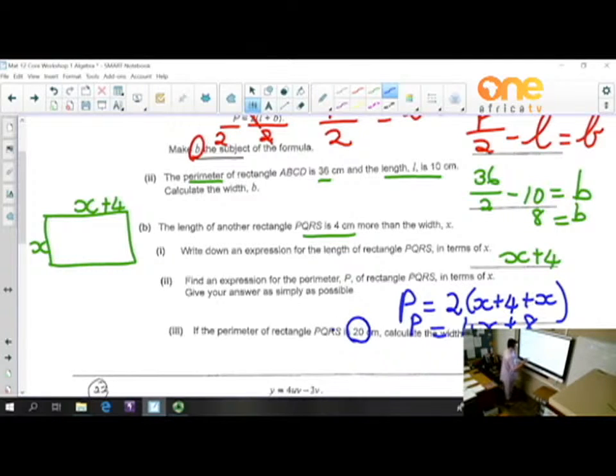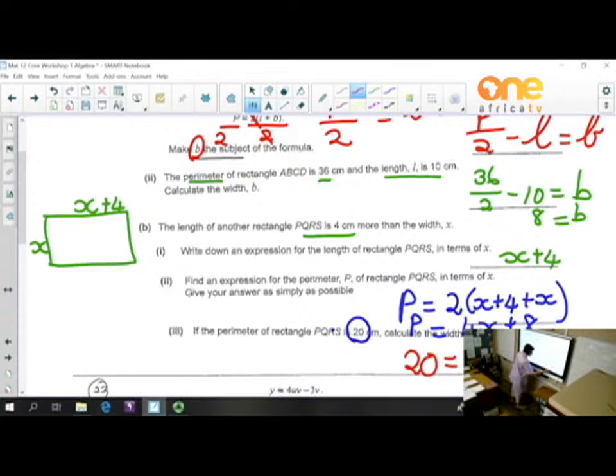And then they say if the perimeter of the rectangle is 20 centimeters, calculate the width. So now we're going to substitute again. The perimeter is 20, so I'm using this one. The perimeter is 20 is equal to 4x plus 8. And now we have to solve that equation then there.